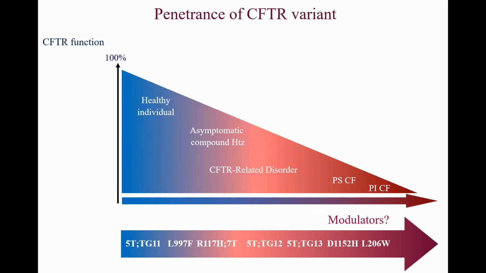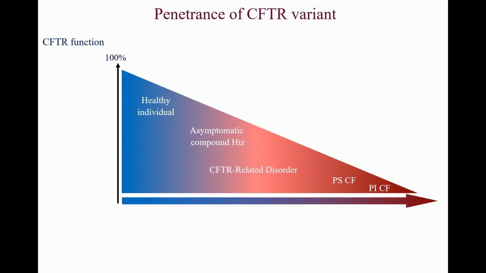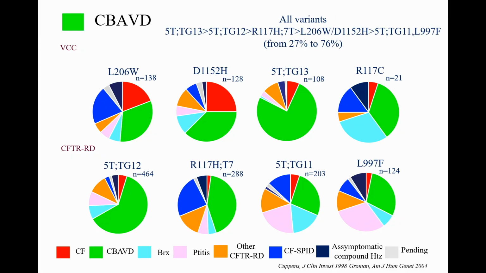Which slide? Those ones. Those are in trans with delta 508. Perfect. And they are reported in the CFTR France database according to their symptoms. I just wanted to make sure. Thank you so much.